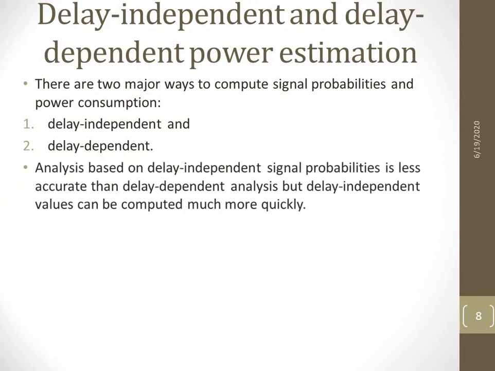Analysis based on delay independent signal probabilities is less accurate than delay dependent analysis, because we need to consider delay. If we don't consider the delay, we are not accurate and we may come up with undefined solutions.